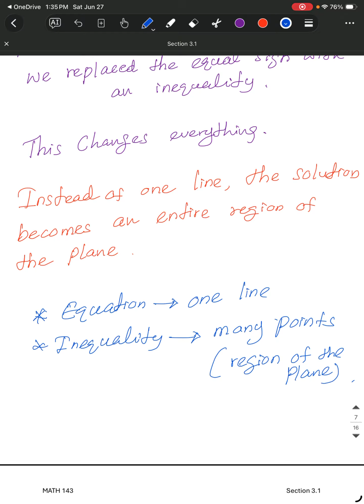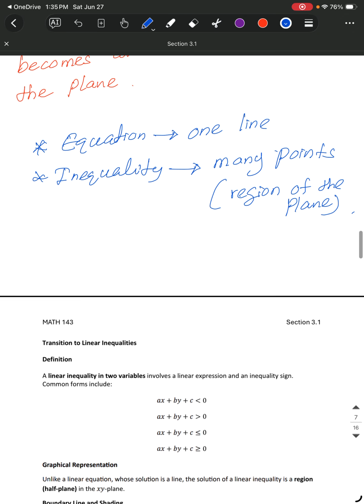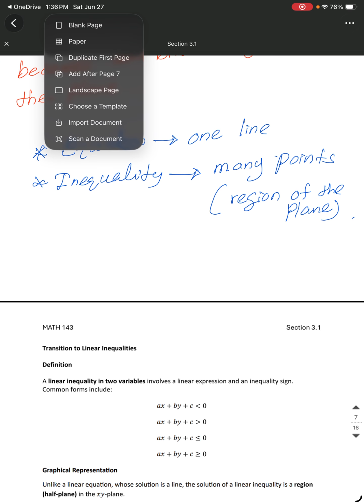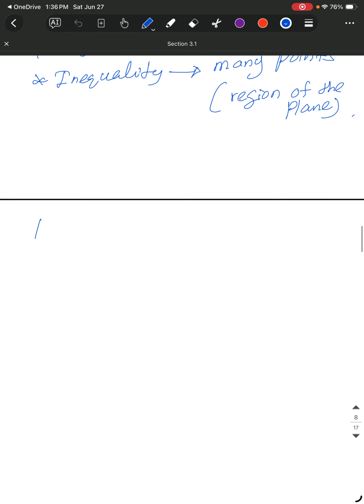Okay, so now let's see how to graph these inequalities. To do that, we want to identify the boundary lines.